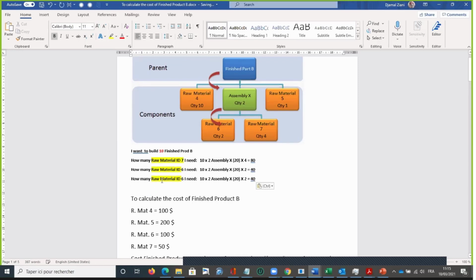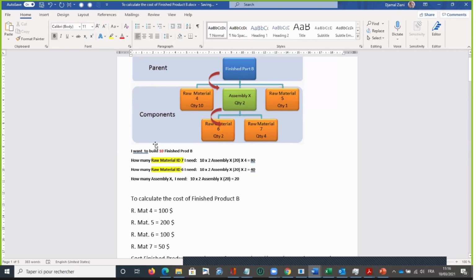For assembly X, I need 10 multiplied by 2 assembly X. That's it. It means I need 20.